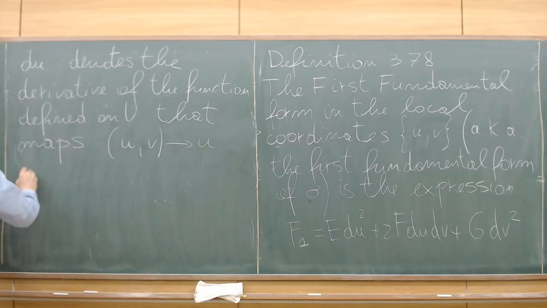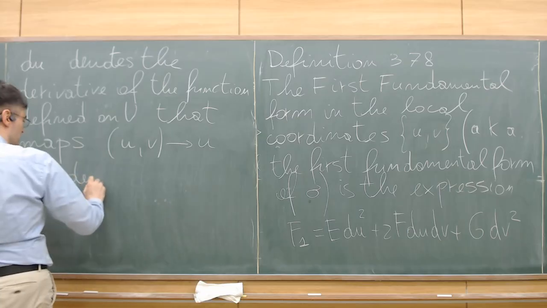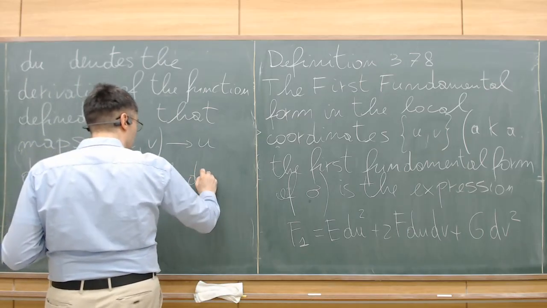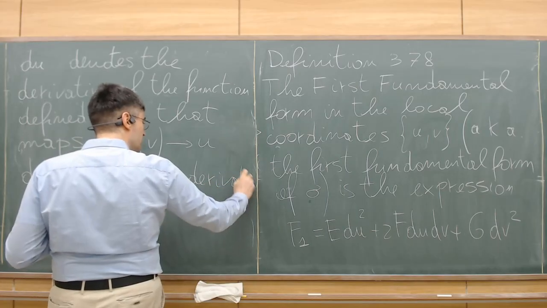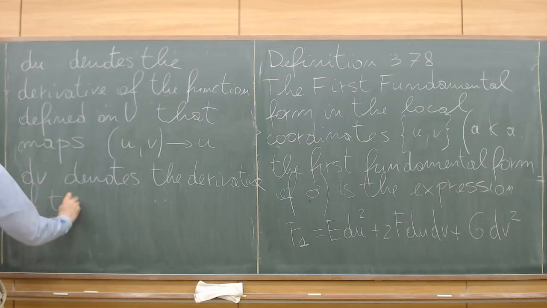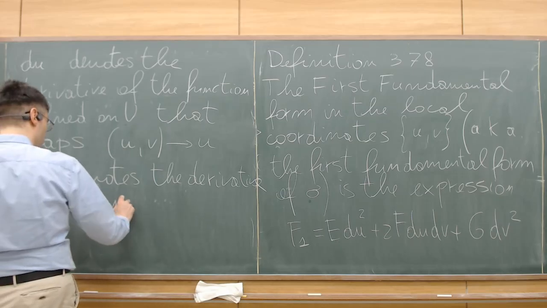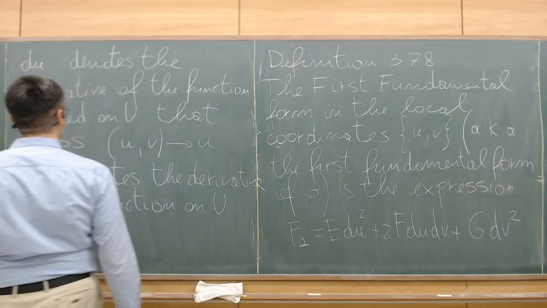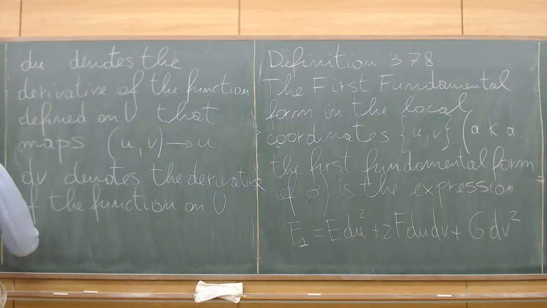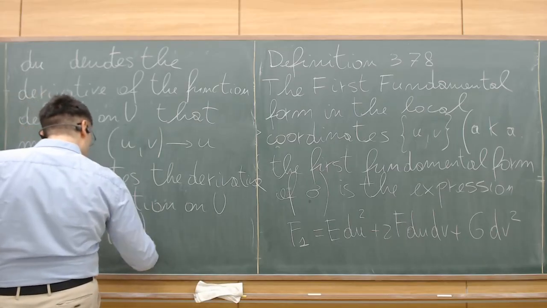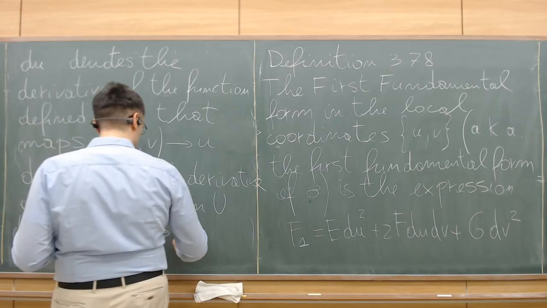Similarly, dv denotes the derivative of the function on U defined by (u, v) is sent to v.